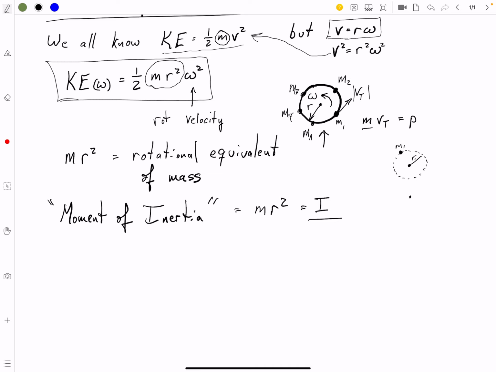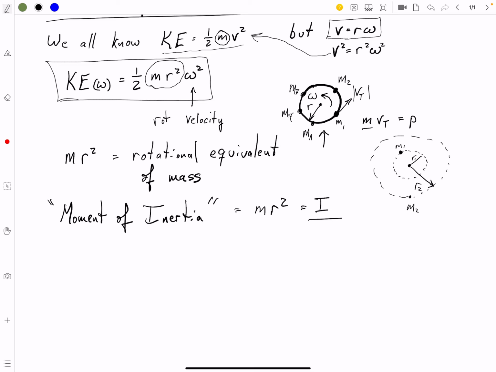And over here we've got M2, and that's R2. Okay, are you with me? We could have all kinds of them, and we could have 8 or 9 planets or 100 satellites, or we could be looking at all the dust that goes around one of the rings of Saturn.